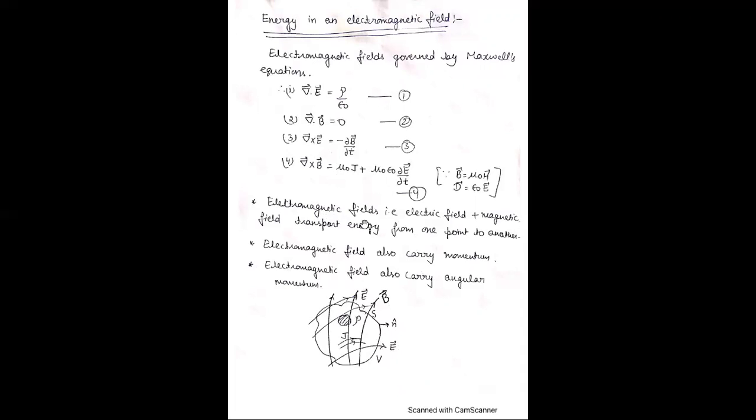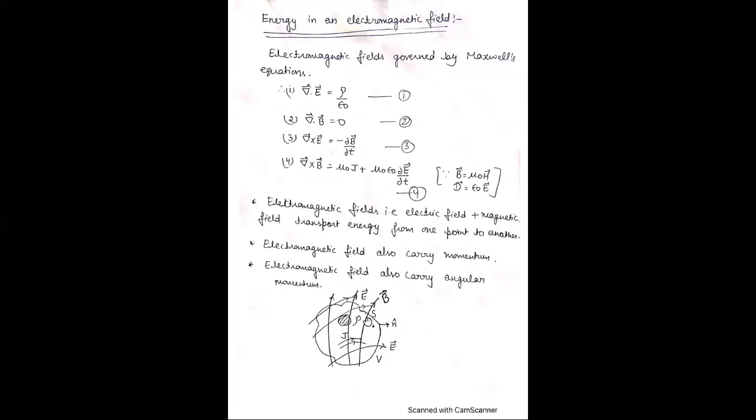And we know that electromagnetic fields, that is electric plus magnetic field, transport energy from one point to another. If electromagnetic waves transport, means there is a transport of energy. Also, the electromagnetic field carries momentum, means linear momentum. If there is a linear momentum, therefore the electromagnetic field also carries angular momentum. But in this case, we will study only energy in an electromagnetic field.